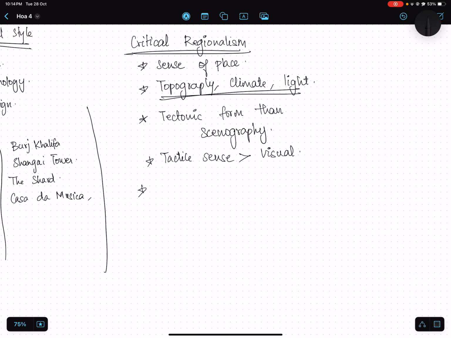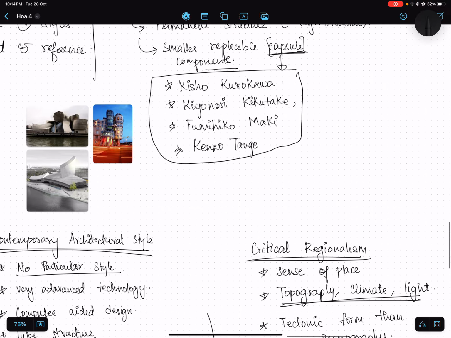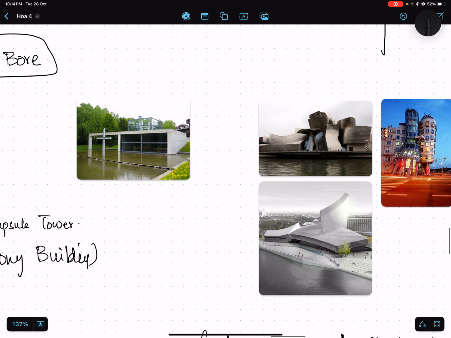And if you see some of the architects, Tadao Ando's Church on the Water is a classic example of critical regionalism. So this is Church on the Water.